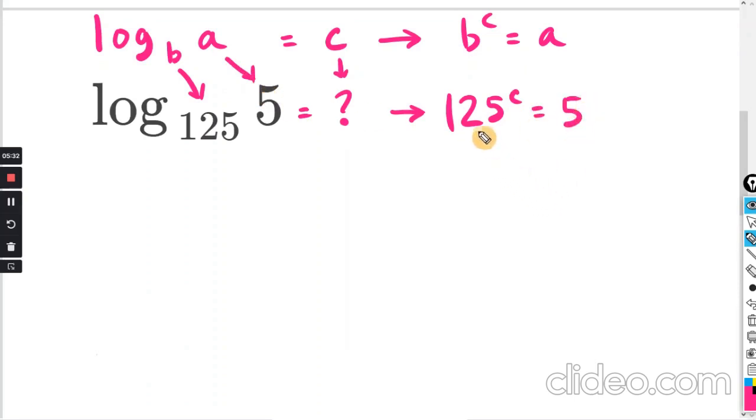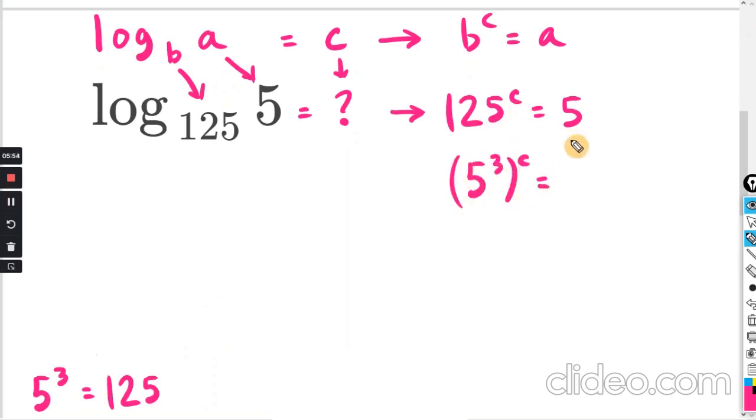All right, we want to have the base number match on both sides. And I know that 5 to the 3rd equals 125. All right, if you multiply 5 3 times, you get 125. So replace 125 with 5 to the 3rd. And that is raised to the power of C, and that equals 5.